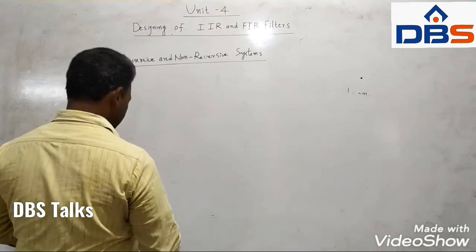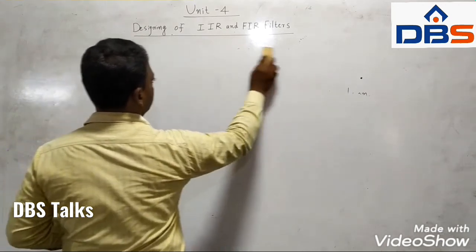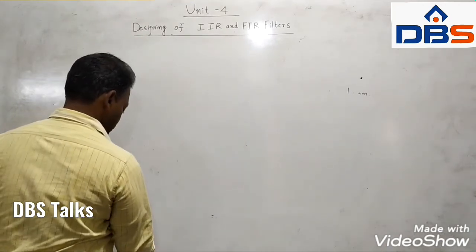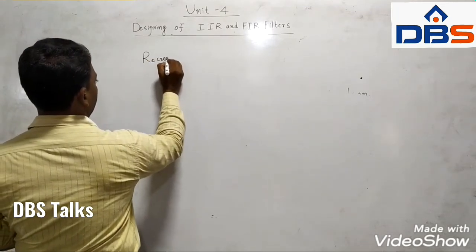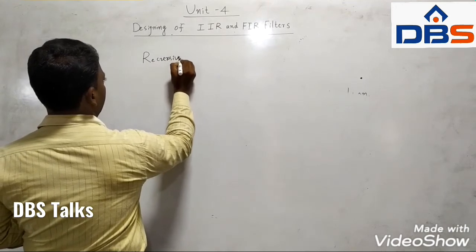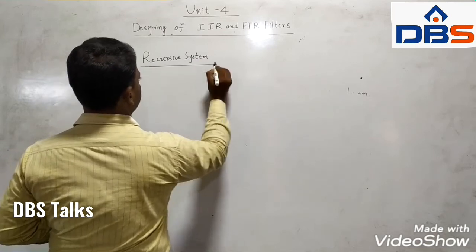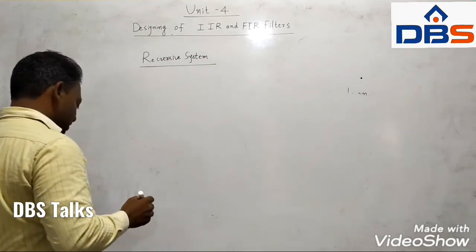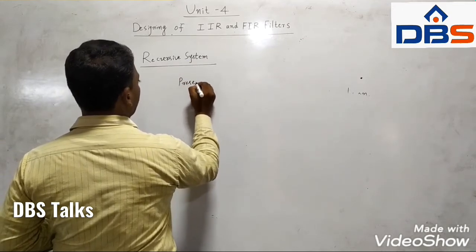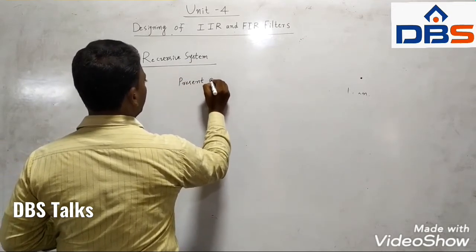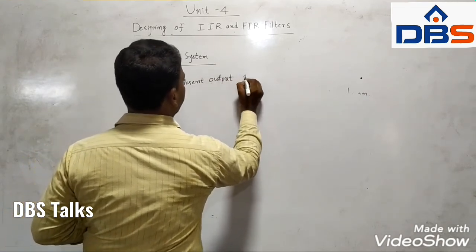Now we will see what is a recursive system. In the recursive system, the present output, what is the present output? Present output is y of n.